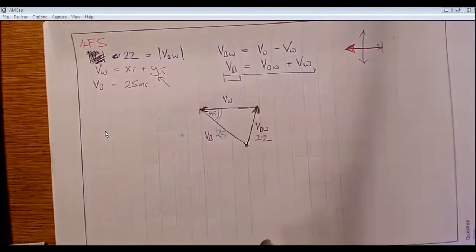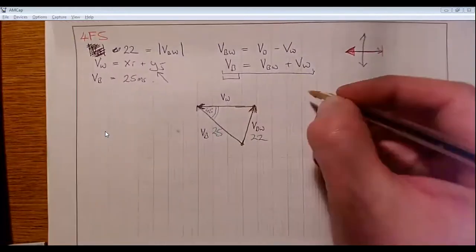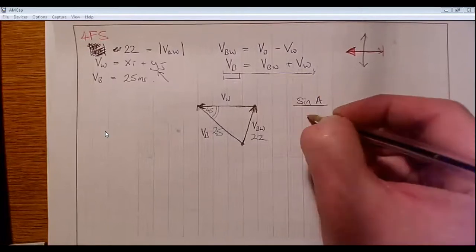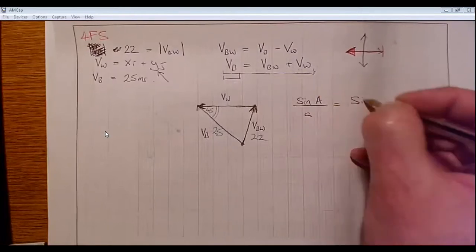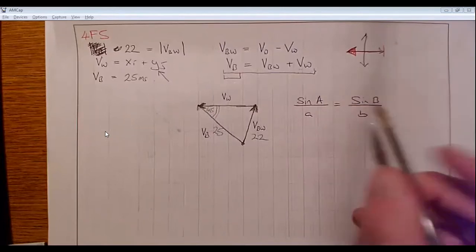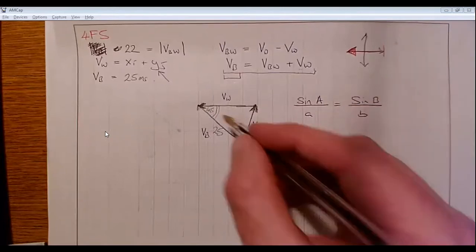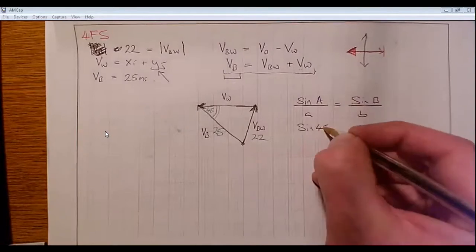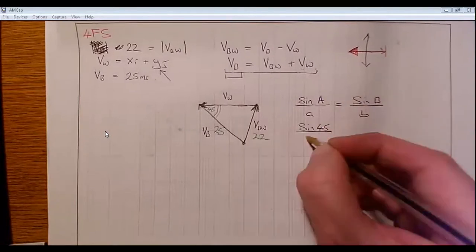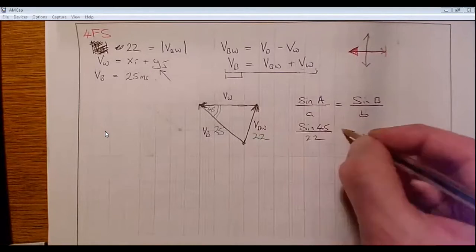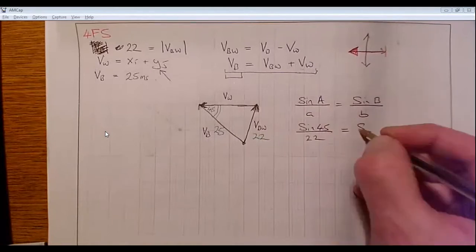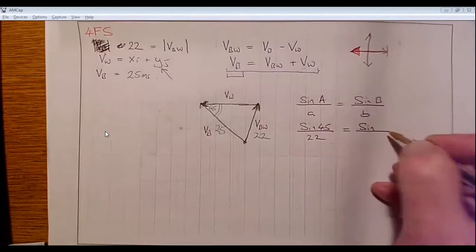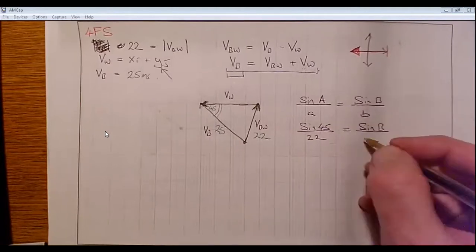If we do that, then we can use our sine rule. So sine A over A is equal to sine B over B. Let's fill in what we have. We have this 45, so we can say sine 45 over the opposite side, 22, is equal to sine B over 25.